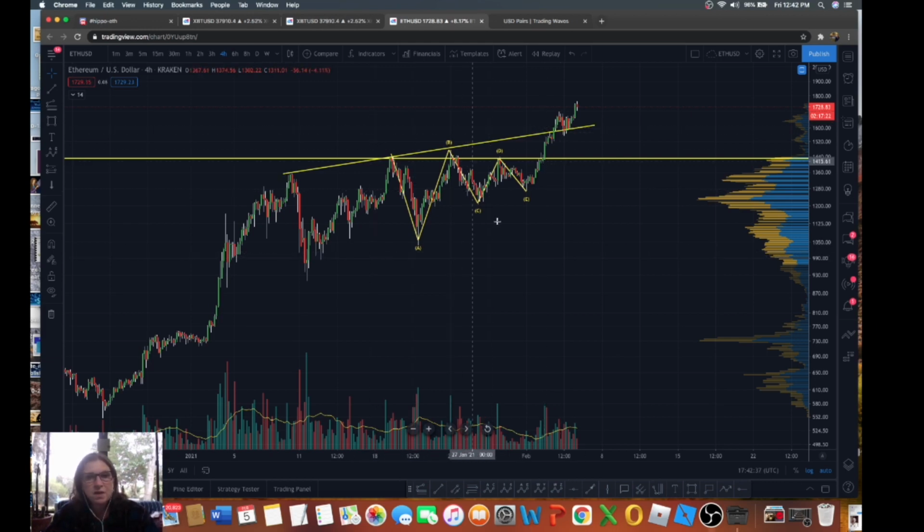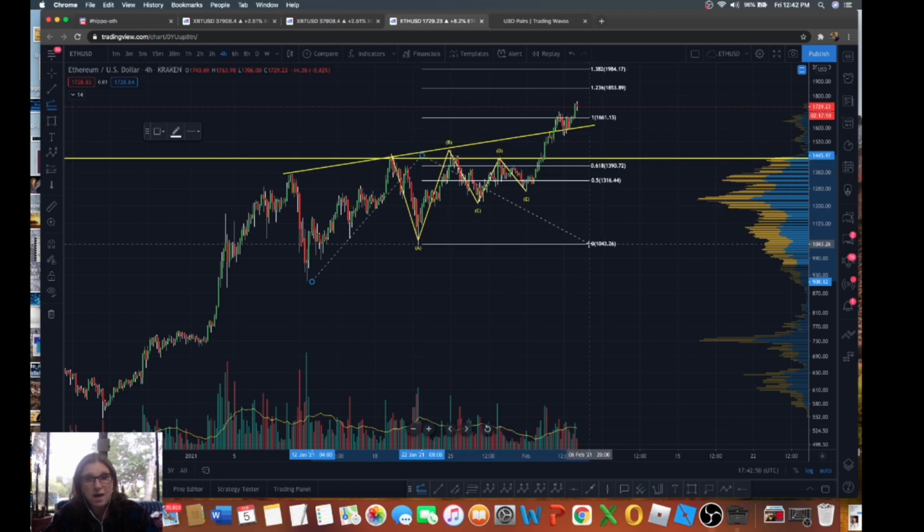How would this fit into here if this was an actual triangle? Well, if it's a B wave, then we have an A, a B, and a C to the upside. Which doesn't make a lot of sense to me at all.